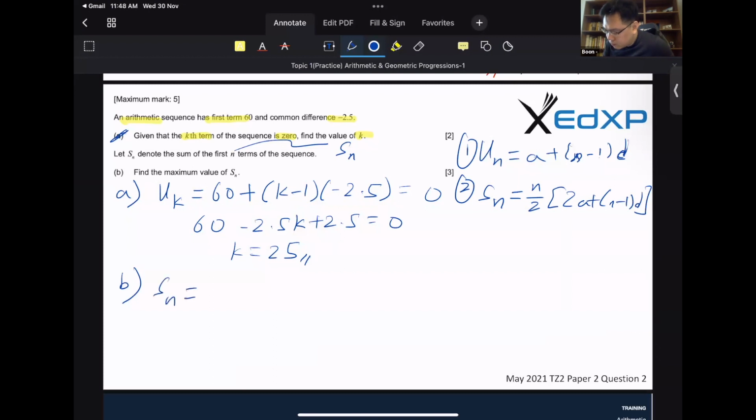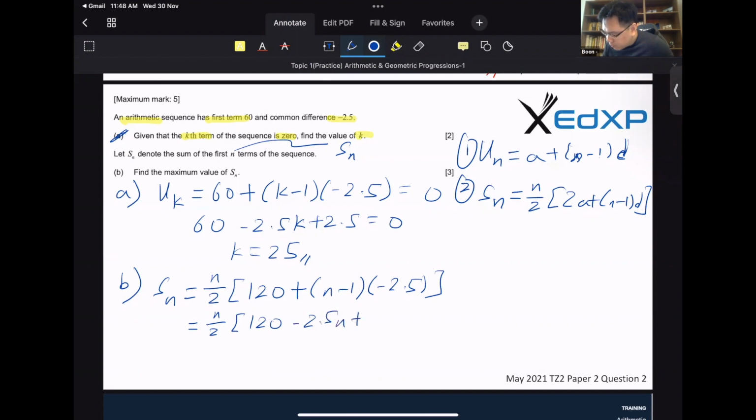So S_n is equal to n over 2. We're not sure what n is, we want to find that. 2a will be 120 plus (n minus 1) times the common difference, which is minus 2.5. Okay, and we want the greatest value of this. We can go ahead and maybe simplify this. So we have 120 minus 2.5n plus 2.5.